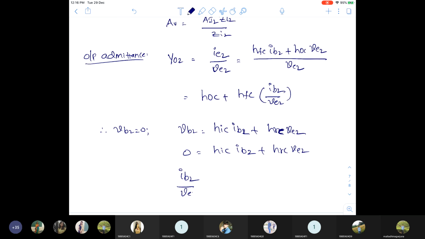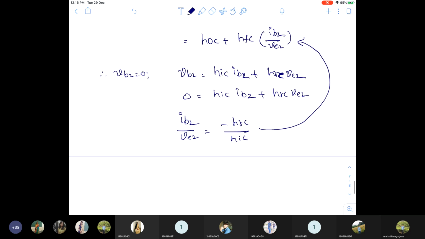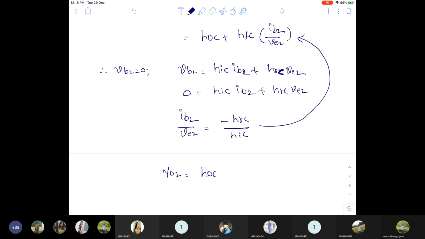IB2 by VE2 equal to minus HRC by HIC. Now substitute the term in this. So you will get Y02 equal to HOC minus HFC HRC by HIC. This is the output admittance for the second stage.